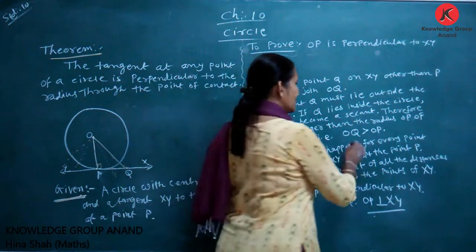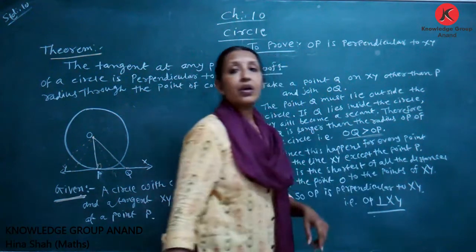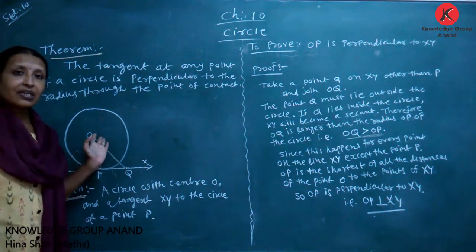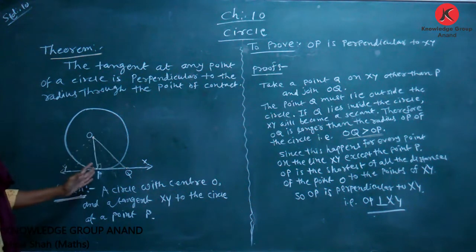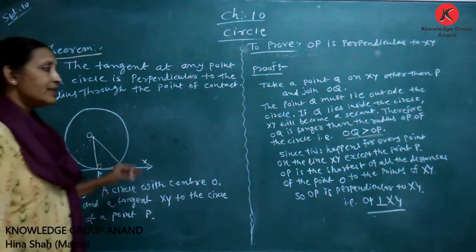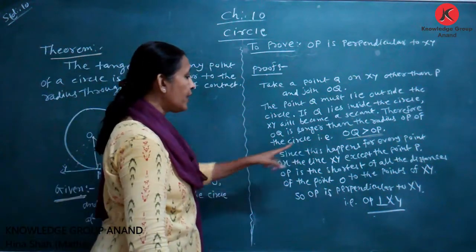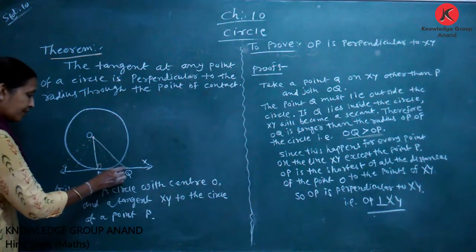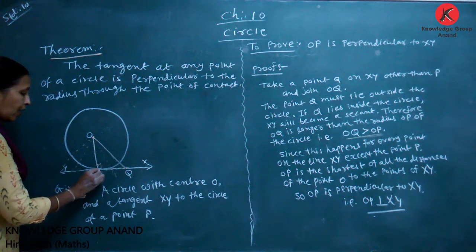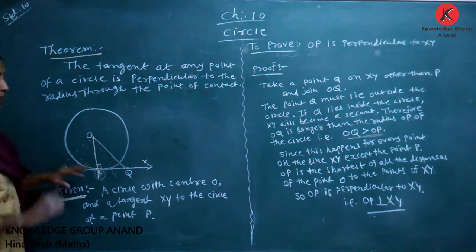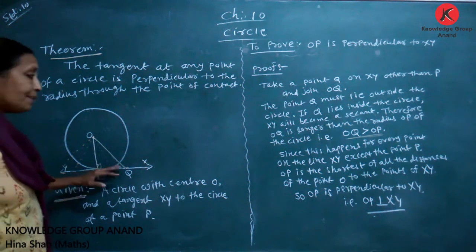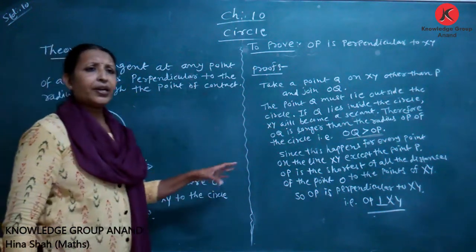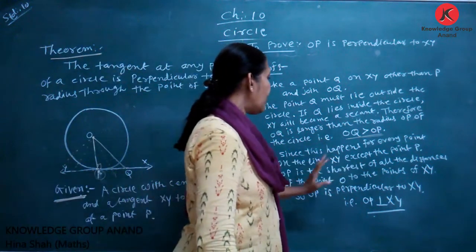That is, OQ is greater than OP. We clearly see that OQ is greater than OP. Since this happens for every point on the line XY except the point P, for any point OQ, OR, OZ except P, OP is less.